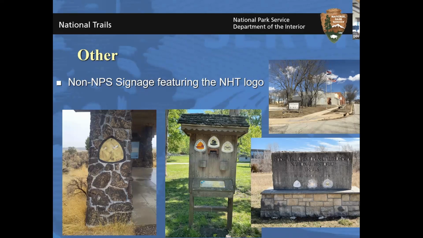That would be another example of different ways that the NHTs are being used. I want to make sure we know about that, to see if in the future there's the possibility of having them use one of the official site ID signs.